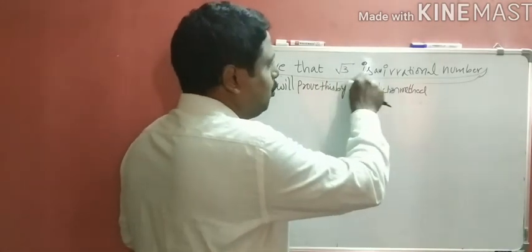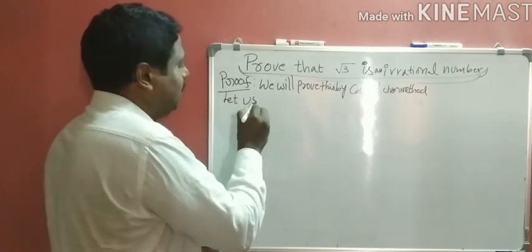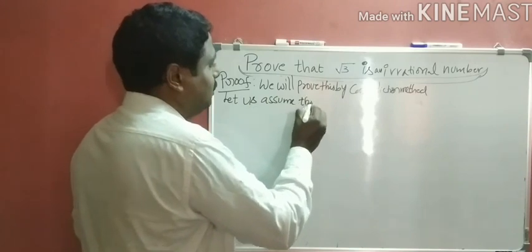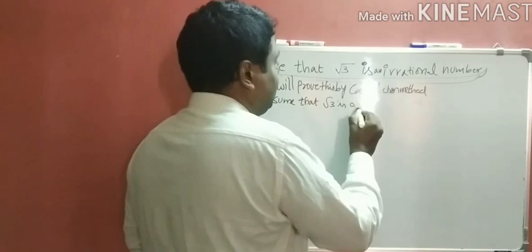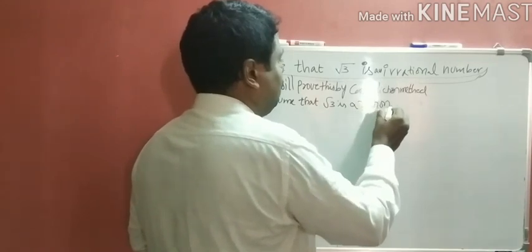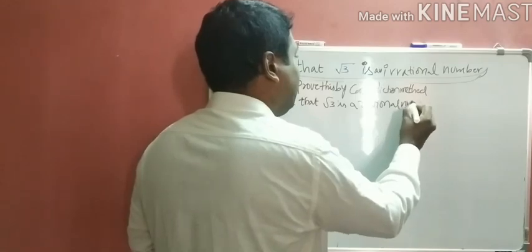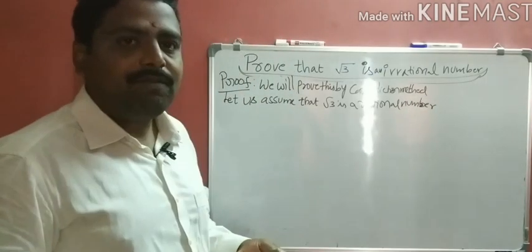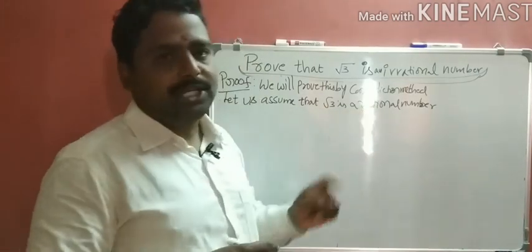Since we have to prove root 3 is an irrational number, let us assume that root 3 is a rational number. Opposite. Irrational means we have to assume that it is a rational number. By the basic definition, the number which is not rational is called irrational. So opposite way means let us assume that root 3 is a rational number.